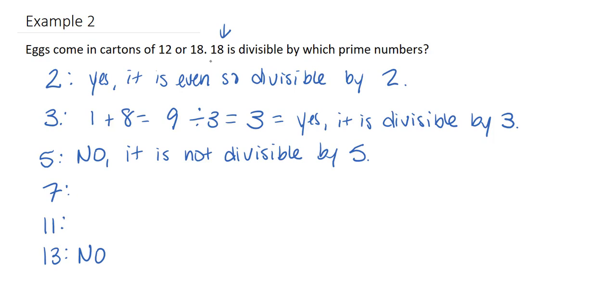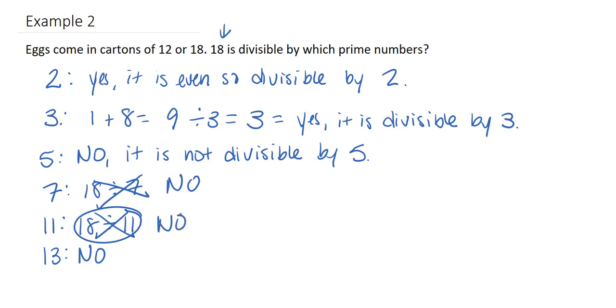So it's not going to be divisible by 7, because 18 divided by 7 doesn't give us a whole number. So we would say no. Now 11. 18 divided by 11 also doesn't work, because it doesn't give us a whole number. So we're looking for numbers that can go into this and give us whole numbers. And these are only prime numbers. So the only prime numbers in 18 are 2 and 3 again.